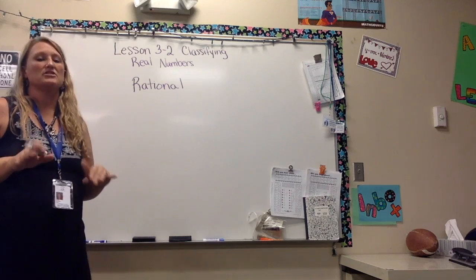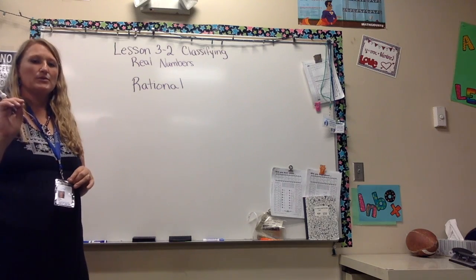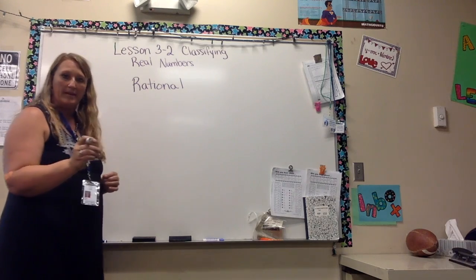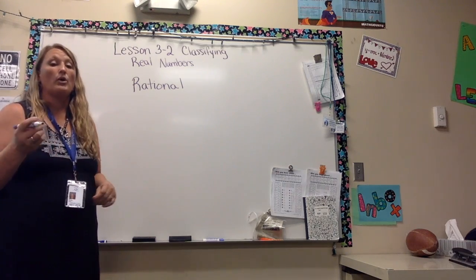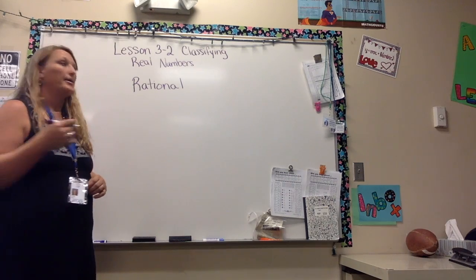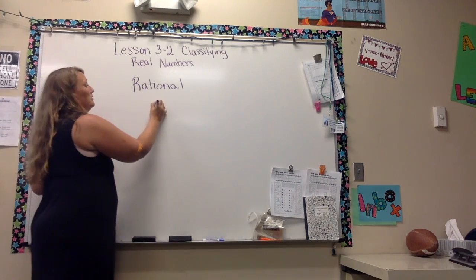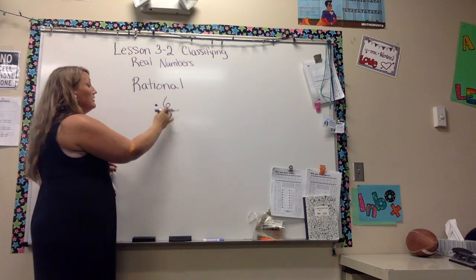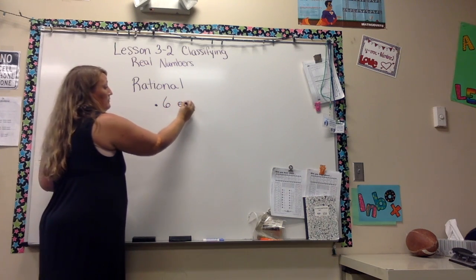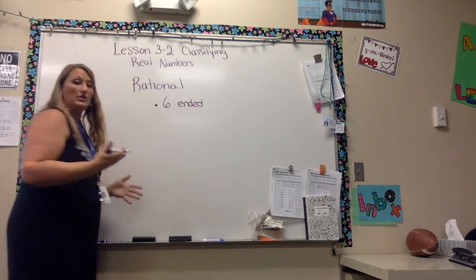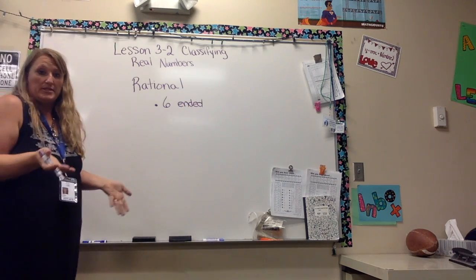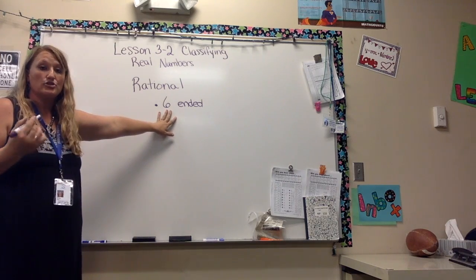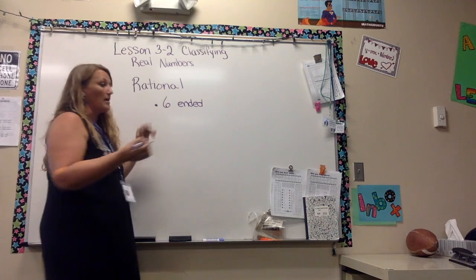Well, there's some decimals that don't fit in this category. So let's talk about the ones that do. So a decimal either has to terminate, it has to end, or it can be repeating. So for example, if I have 0.6 or 6/10, it ended, right? There's nothing after it. It just stopped at 0.6. It's done. So that is what is called a terminating decimal. It's a decimal that stops.